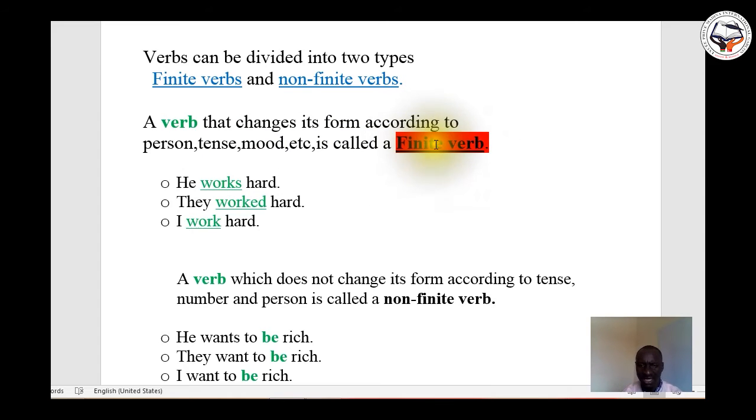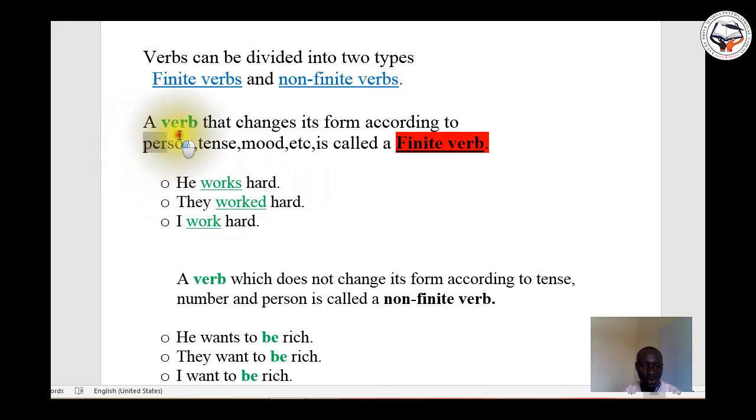Example: he is a person, works is a tense, hard is a mood. He works hard.